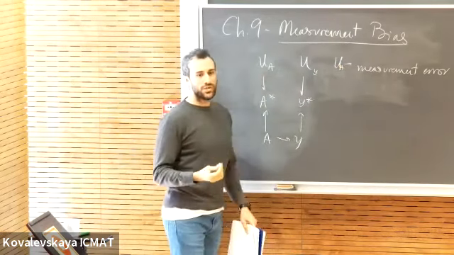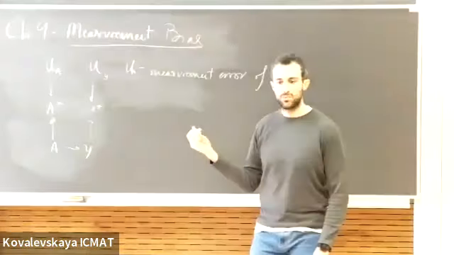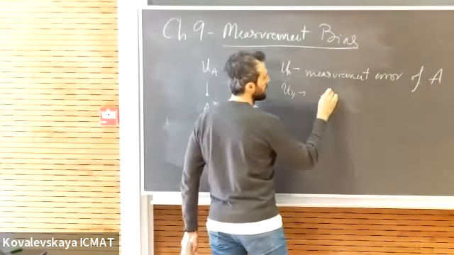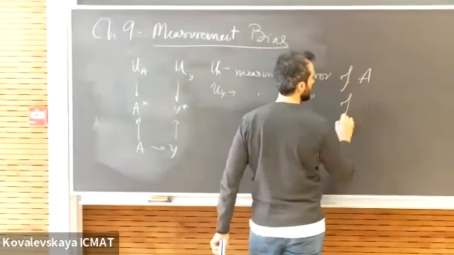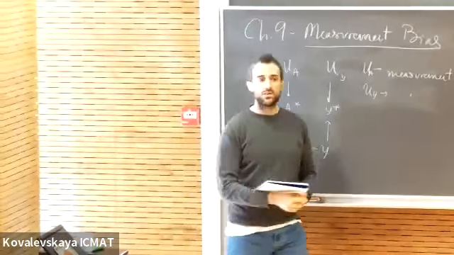I could consider that we have another measurement error related, in this case, to the outcome, which is defined in a very similar way. So this is the measurement error of Y, right? It's the same thing.